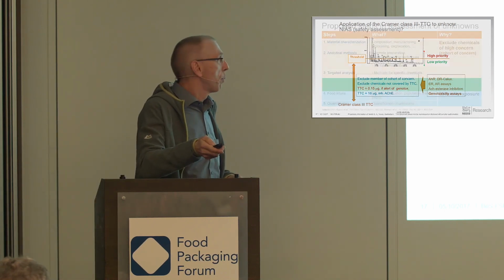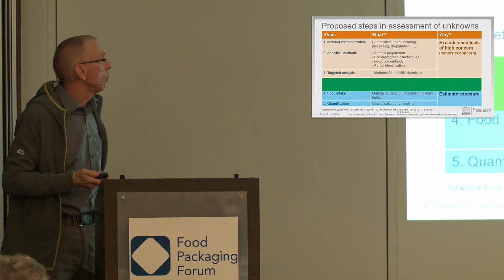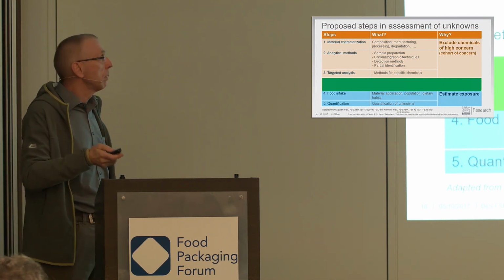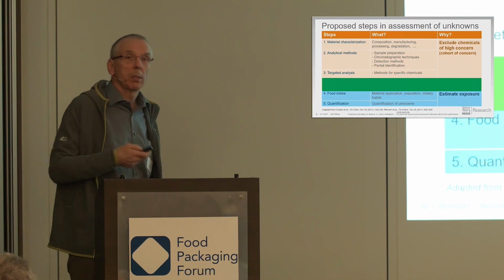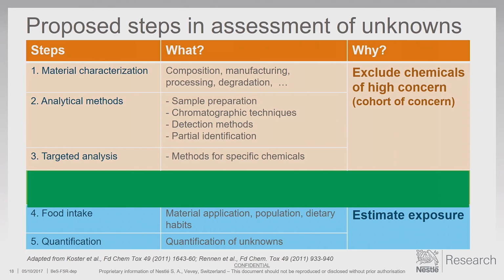And if I stay on genotoxicity, which I think is the most tricky and the most difficult, this has been done up to now using different elements. The first one is using the information on the material, on the composition, the manufacturing and all this, and suppliers should have a lot of this.